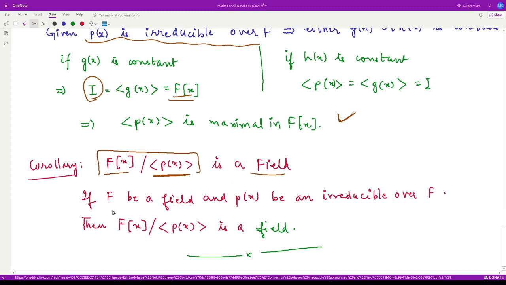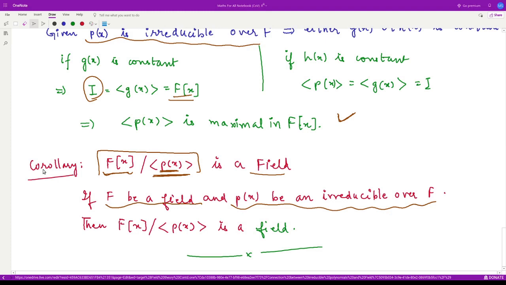That means F is a given field, p(x) is an irreducible polynomial over F. In that case, we saw that the ideal generated by this irreducible polynomial would be the maximal ideal, and from the previous result we saw that the quotient ring generated by the maximal ideal is a field. So this thing is also a field.